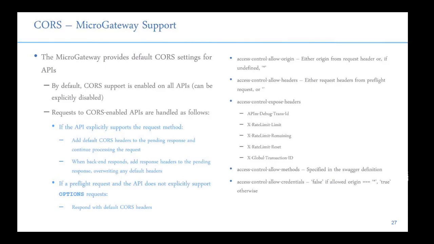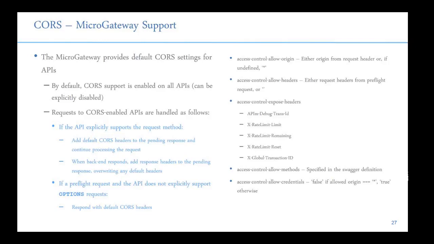For instance, if the request provides an origin header, we'll add that as the allowed origin. Otherwise, we just say that it's a wildcard. Then for the allowed headers, if the request is a pre-flight request and provides the allowed headers, we just add those. And if not, we just respond with an empty string.